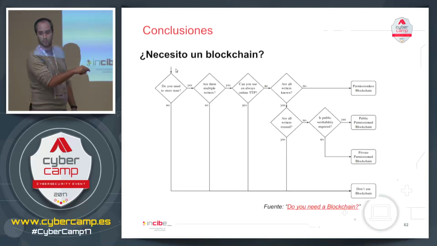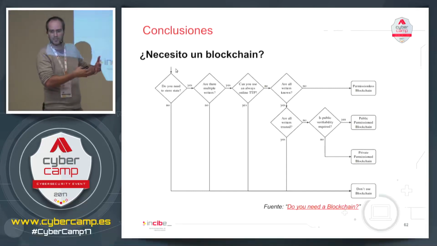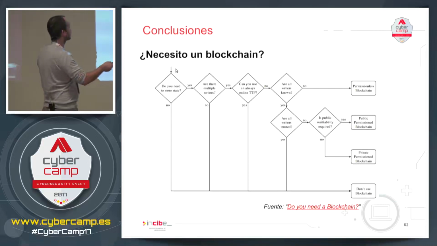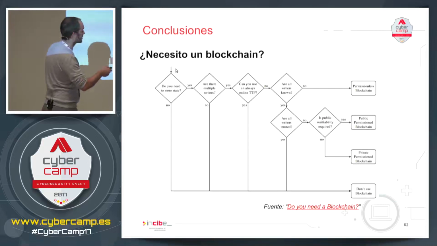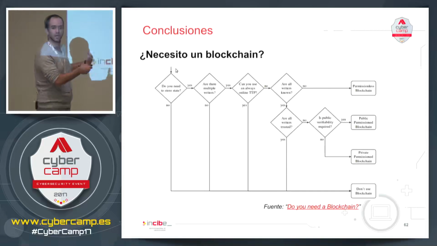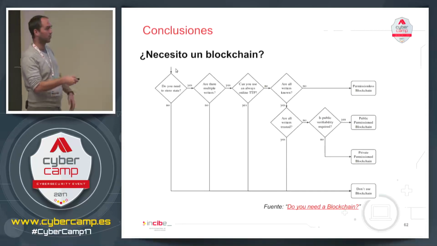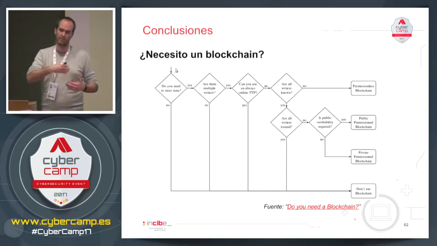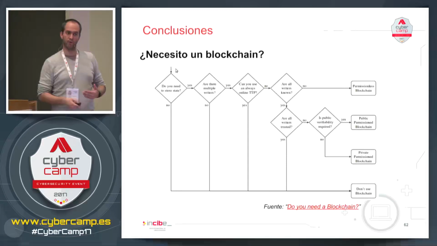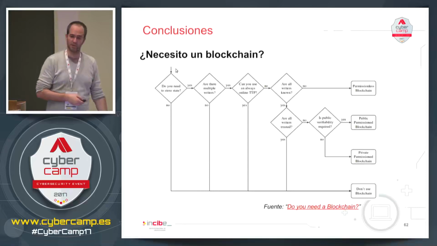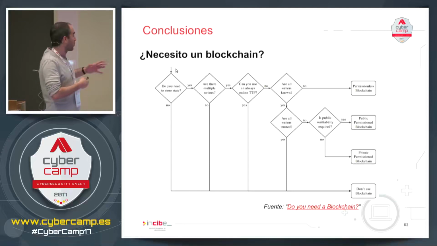If the writers trust each other, then you don't need a blockchain. It's equivalent to having a trustworthy third party. But if they don't trust each other and you need it to be publicly visible, then it'll be a public blockchain. If you want to hide part of the information, if you don't want everybody to have access to all the information, then it'll have to be a permissioned blockchain.